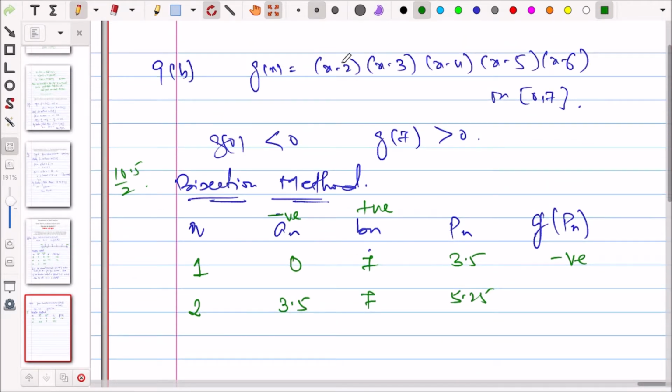Now let us look at its sign. At 5.25, positive, positive, positive. So 3 positives, again 4 positive and 1 negative, so overall negative.